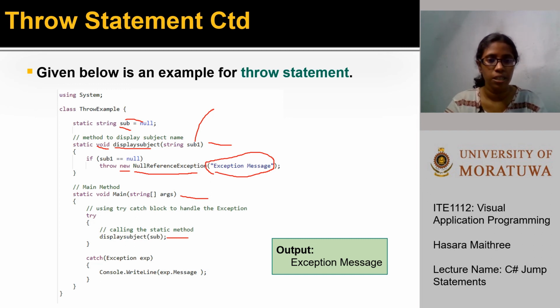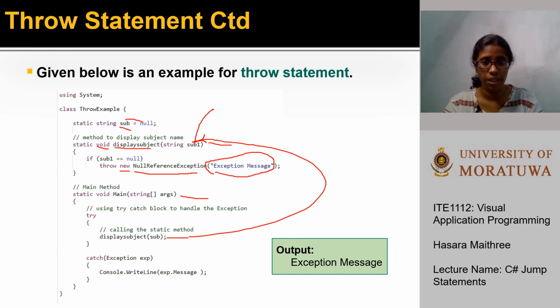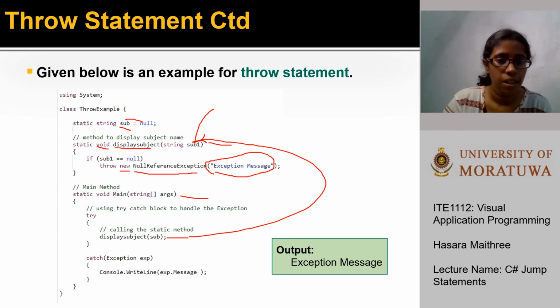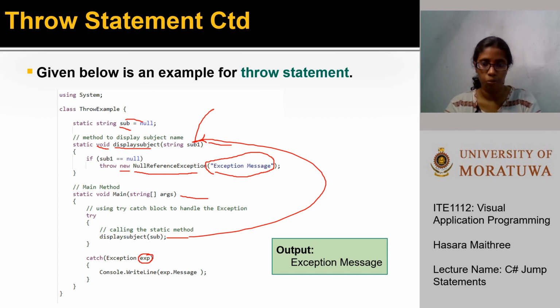And the program control goes to this method call, and the parameter that is passed to sub1 is sub, which is null, and so the if condition is satisfied, it throws a new exception object, and this try catch catches that exception, and this exp is initialized with that thrown object.